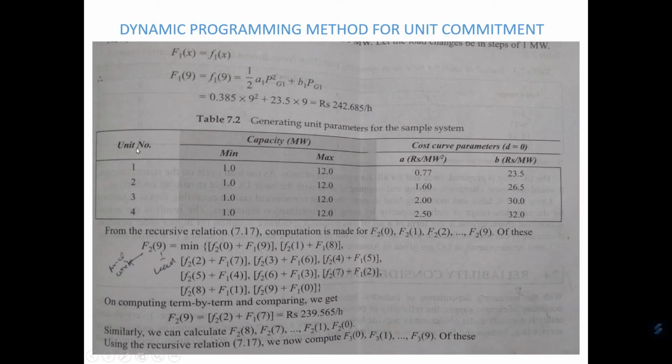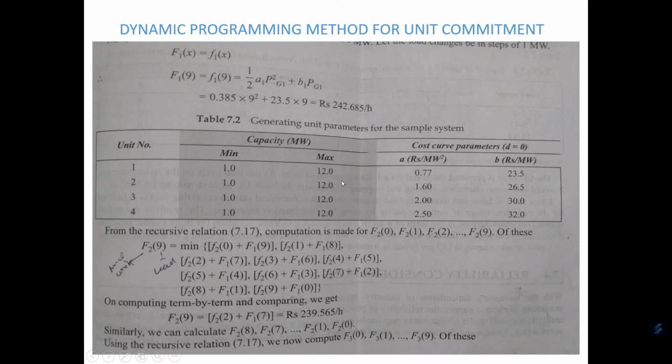Here there are a total of 4 units or 4 thermal power stations, denoted by unit number 1, 2, 3, 4. Each generator has its constraints, meaning limitations, that is minimum operating capacity and maximum operating capacity. The minimum generating capacity of unit number 1 is 1 megawatt and its maximum is 12 megawatt. Similarly, for the second, third and fourth generators, the minimum and maximum generating capacities are the same: minimum 1 megawatt and maximum 12 megawatt.